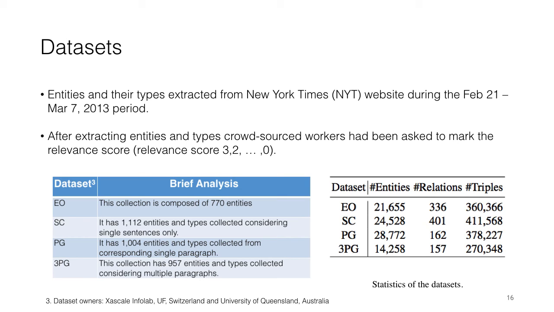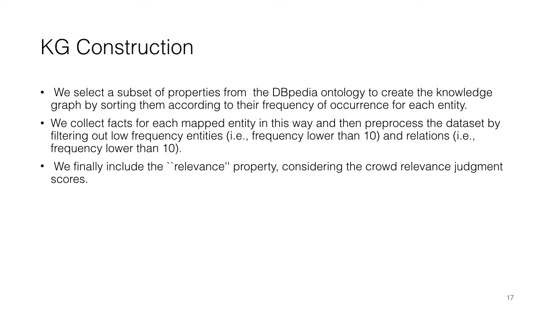This is a very important slide for this presentation. In the mentioned dataset, we have entities with their associated types and relevance judgments. As I mentioned, entities of this dataset have been extracted from New York Times articles and later linked with DBpedia.